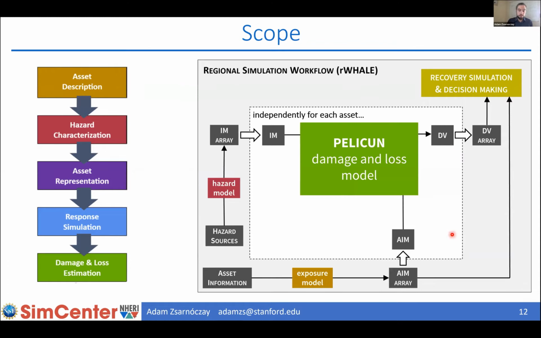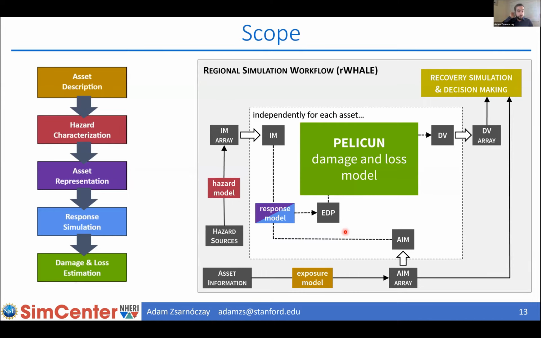What we are aiming for is to include a response model here. So given the intensity, have some kind of estimation of the response, have some EDPs that are not wind speed, but rather some kind of pressure or other things that probably you are much better aware of than me, and use those as descriptions of the response of the building, and then come up with damages based on those results.